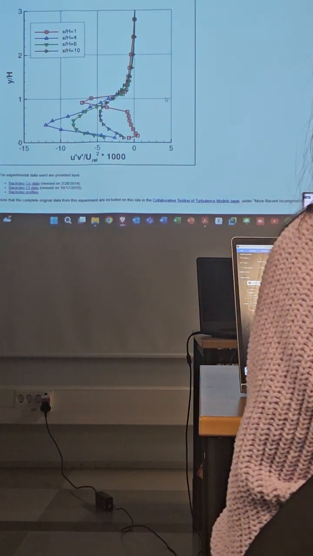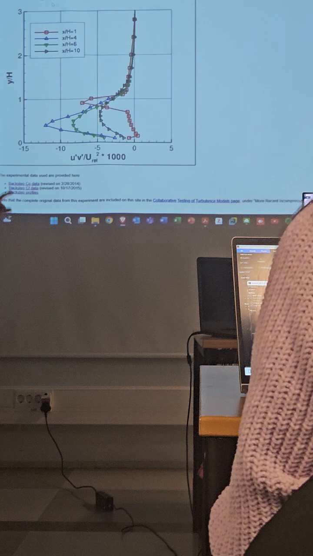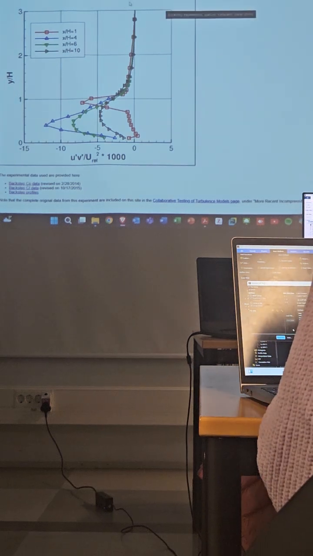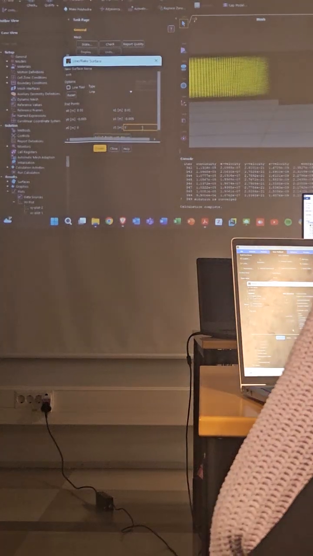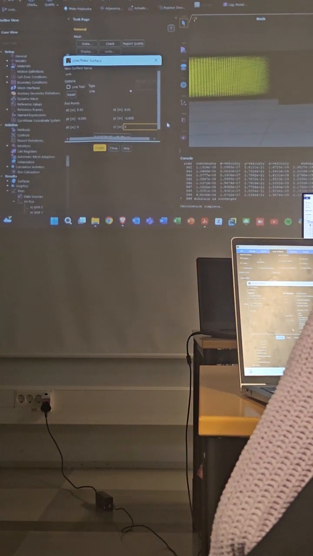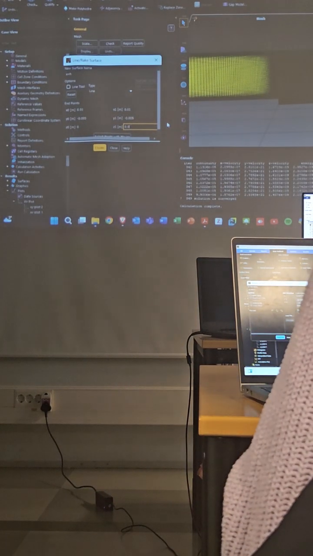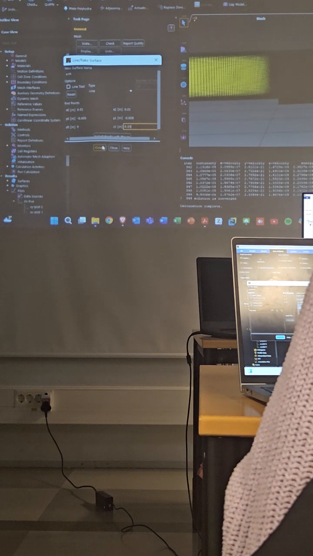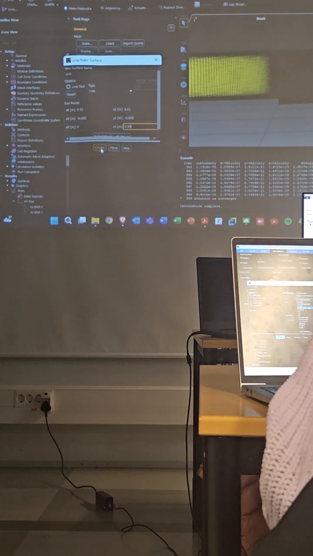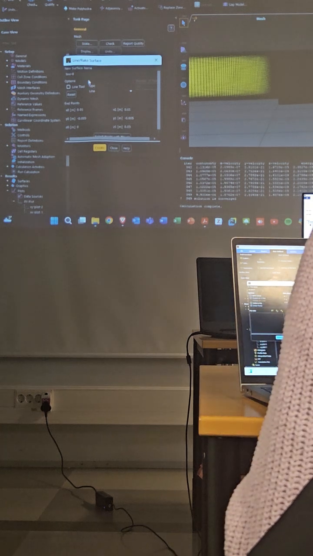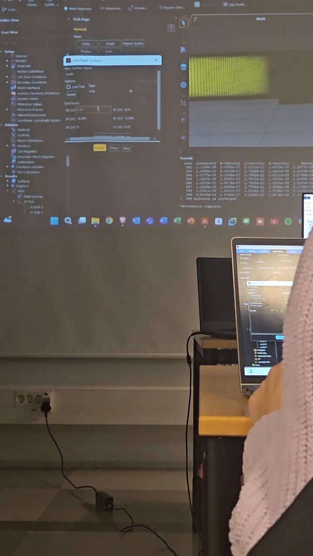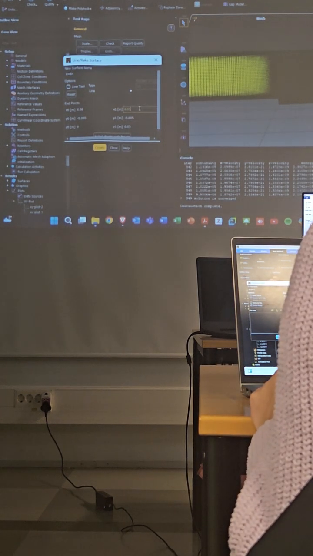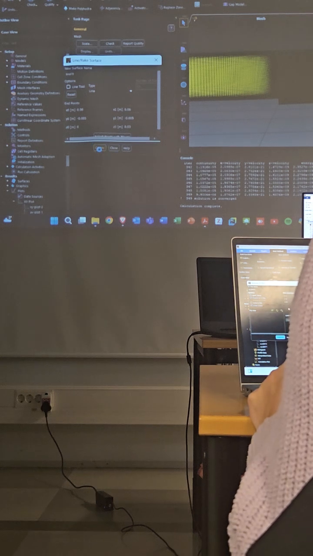You can see that on the website these are plotted up to a y over h equal to 3. So that means that we can use 3 centimeters, 0.03, to get the same range for the z. And create. We can do the same for x equal to 6 times h. We just need to change the x to 0.06 and create.